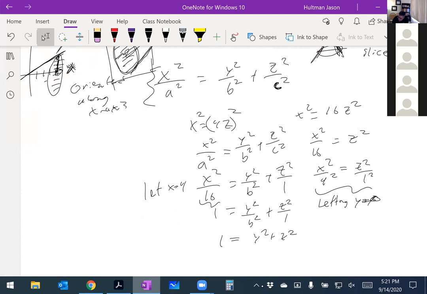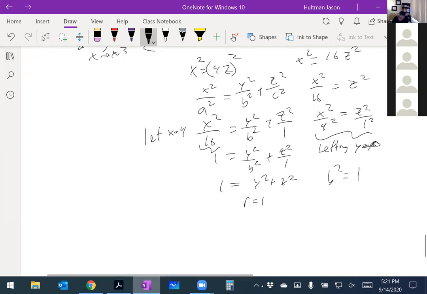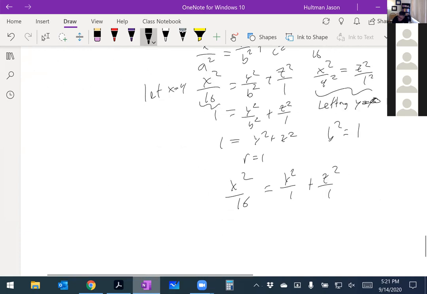So what do I know? Well, this is a circle of radius 1. If that's a circle of radius 1, then b squared is equal to 1. So this becomes x squared over 16 is equal to y squared over 1 plus z squared over 1. And so x squared over 16 is equal to y squared plus z squared.